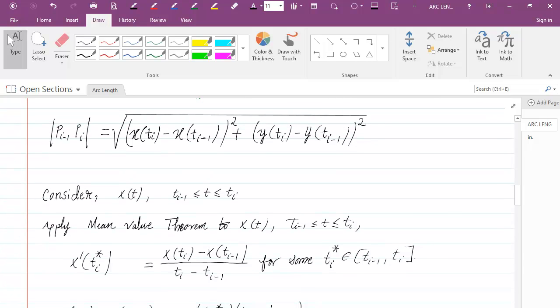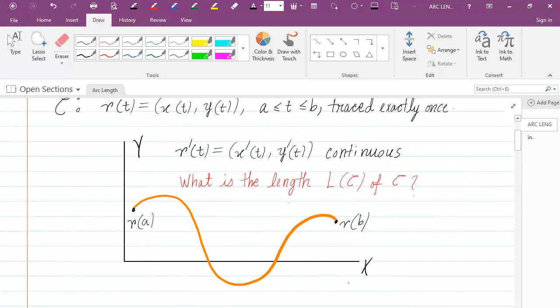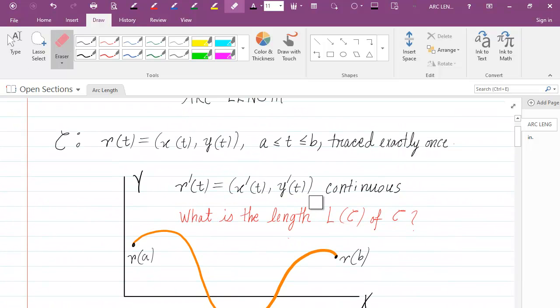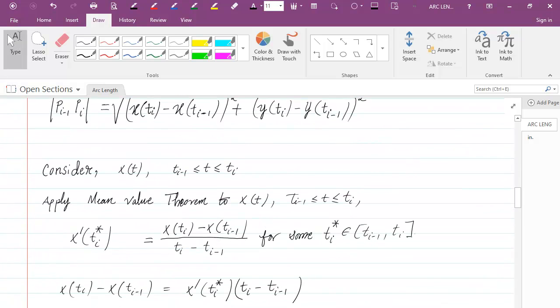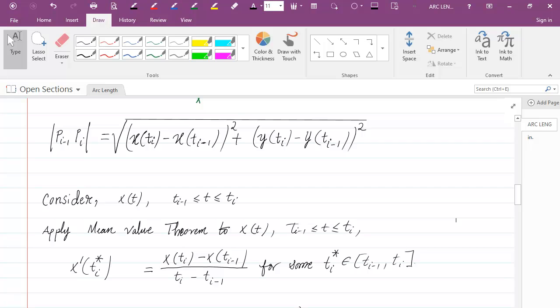theorem. So let's look at the function x(t), and we are concentrating on the interval from t_{i-1} to t_i. We recall that we assumed that the vector function r is differentiable. So as a result, we can assume that x(t) is differentiable over this interval.